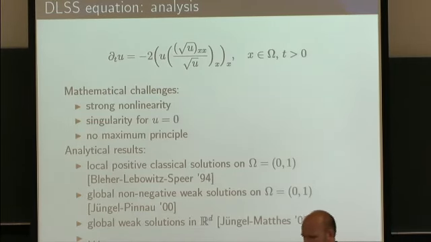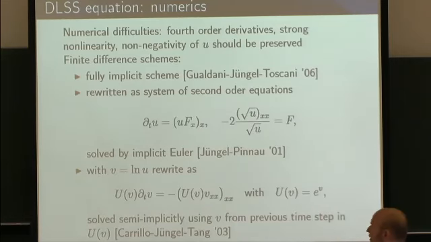How about numerics? So numerical difficulties, of course, are these fourth-order derivatives and strong nonlinearity. You should try to preserve the non-negativity of the numerical solution. And what people tried are mainly finite difference schemes. So maybe the most reasonable approach that you would think leads to good results, but is computationally expensive, would be to use a fully implicit finite difference scheme.